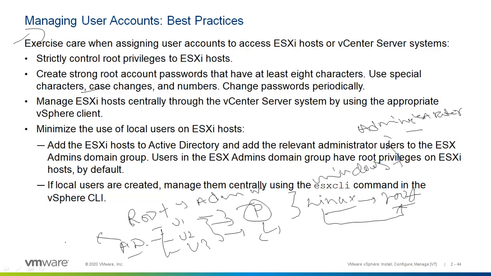For example, Microsoft Windows Active Directory is an identity source, where we can create a number of users. Creating them is not your headache. Your task is to ask for an AD user and assign the permissions to your ESXi host.